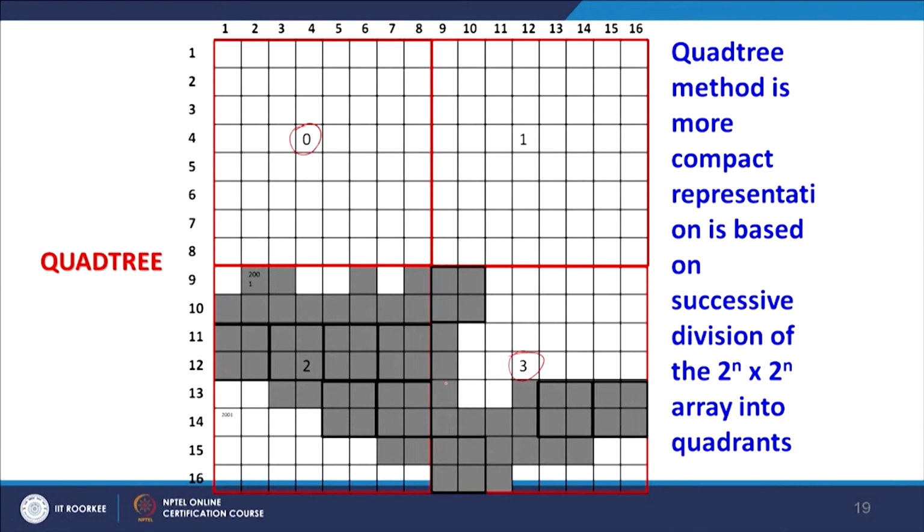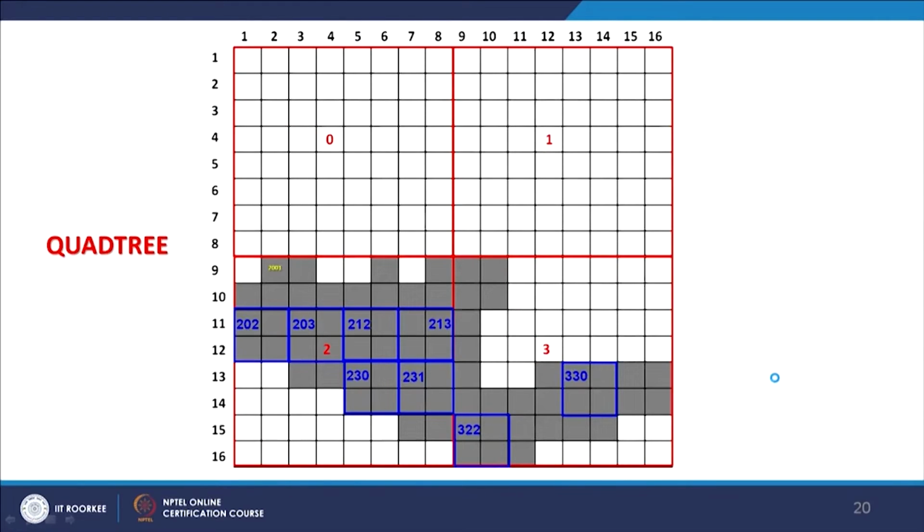So, let us see that the quad tree method is a more compact representation, which is based on successive division of a 2 power n by 2 power n array into quadrants. So, this is always divided into 4 parts till you reach the unit level. Like here this has been done, and the entire input binary image is divided into 4 quadrants 0, 1 and 2, 3.